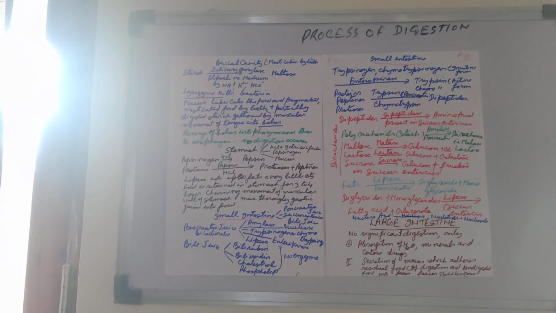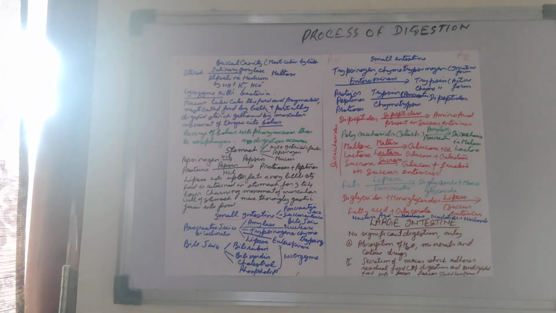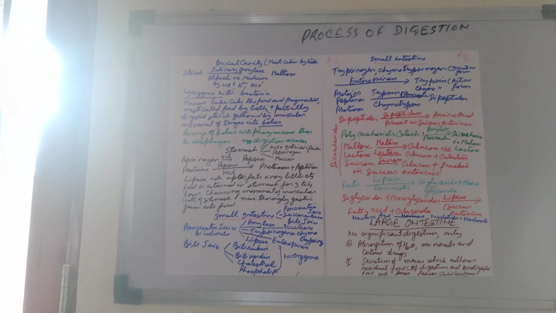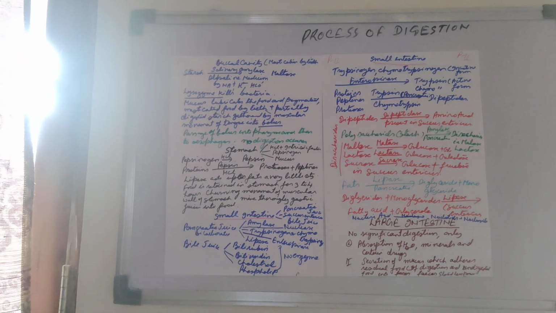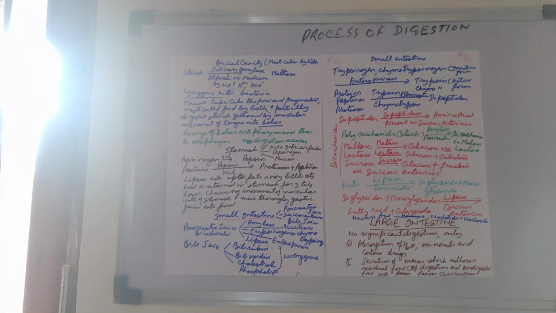The partially digested food is passed into the upper, C-shaped part of the small intestine, which is called the duodenum. Digestion occurs actually in the duodenum; absorption occurs in the jejunum and the ileum.